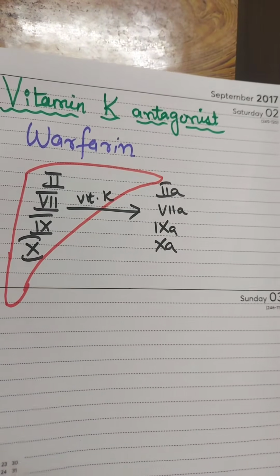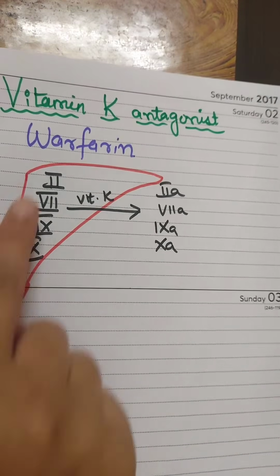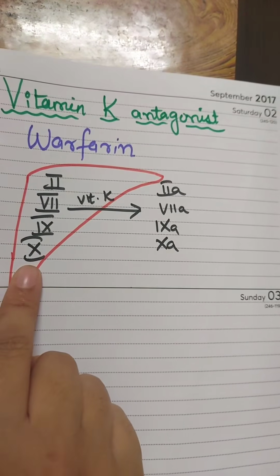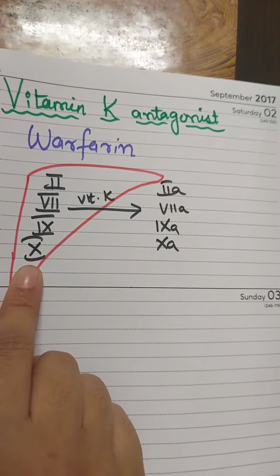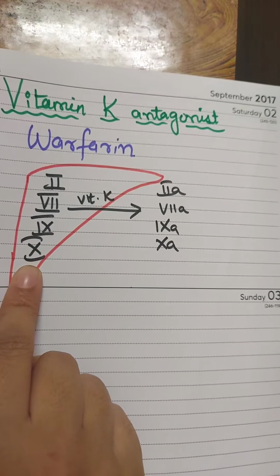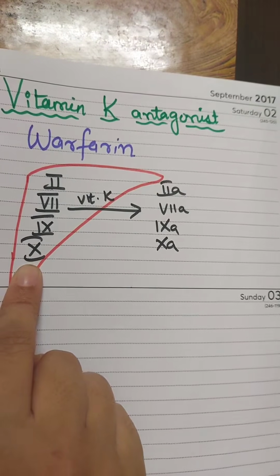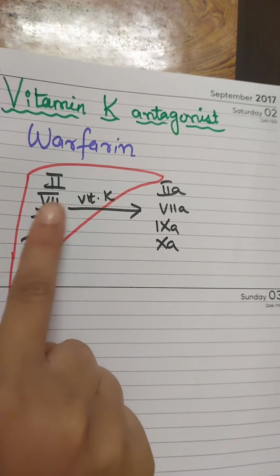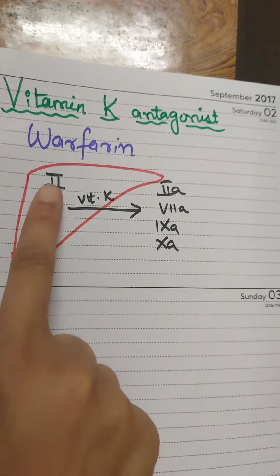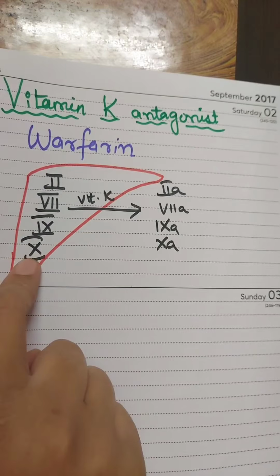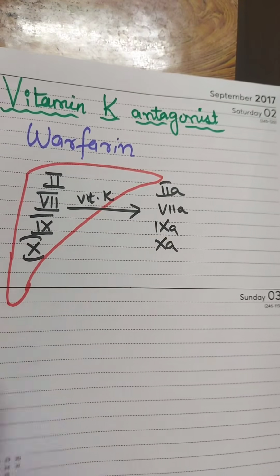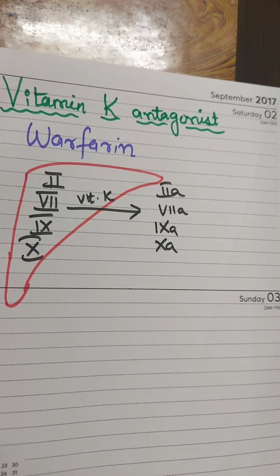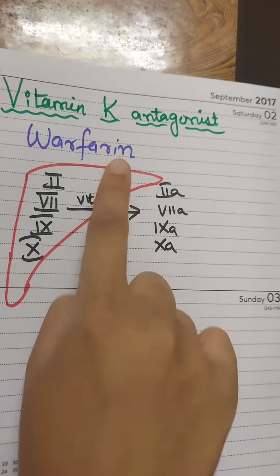So how does it activate them? These factors contain decarboxylated glutamic acid. Decarboxylated means without any kind of carboxylic acid. So basically vitamin K will provide carboxylation to the amino acid present inside these factors, because of which they get activated. Now what is warfarin doing?